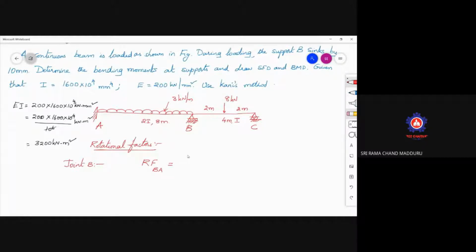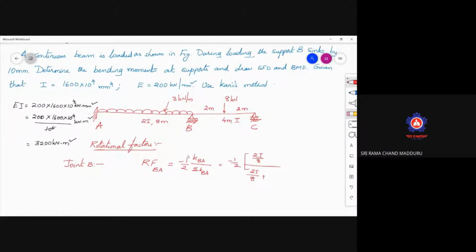RF BA is equal to, we know that, minus half of KBA by sigma K. So minus half of KBA. KBA is nothing but, here for BA, A is fixed and B is continuous, so that is I by L only, which is 2I by 8, by KBC.